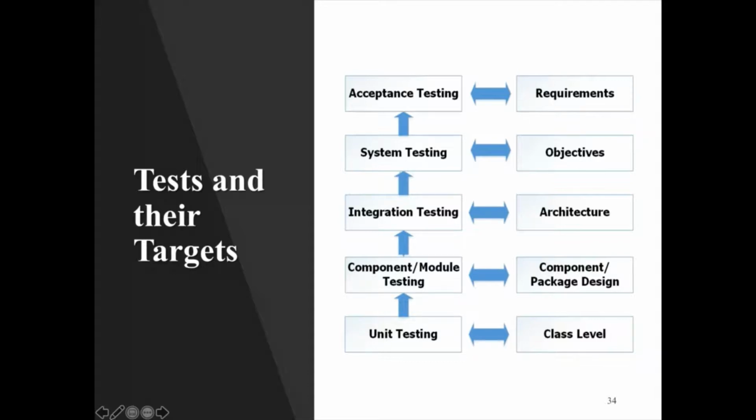In user acceptance testing, the target is to test the requirements, whether the requirements have been met, whether the objectives have been met, is the architecture correct, is the component or package design fine, are the individual classes working fine. So these are the targets of different tests.